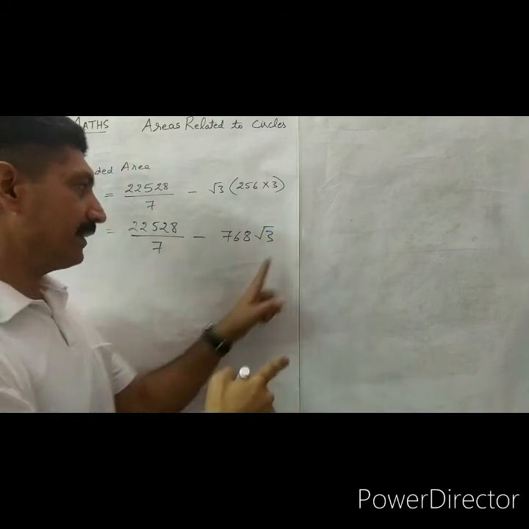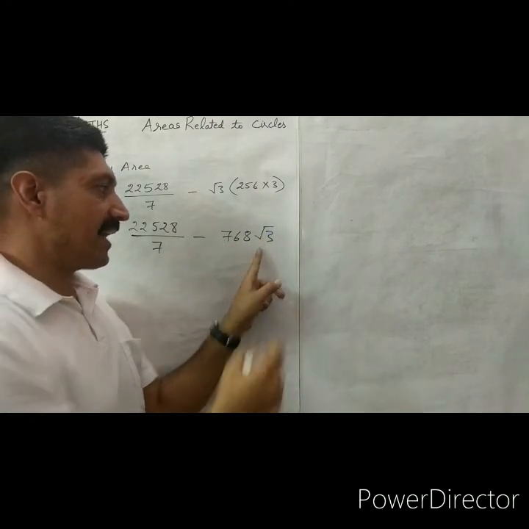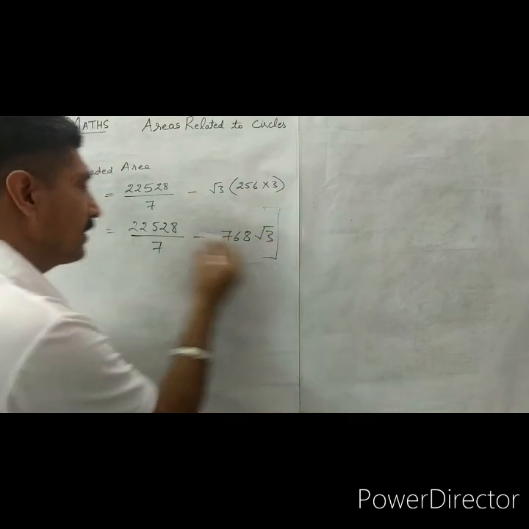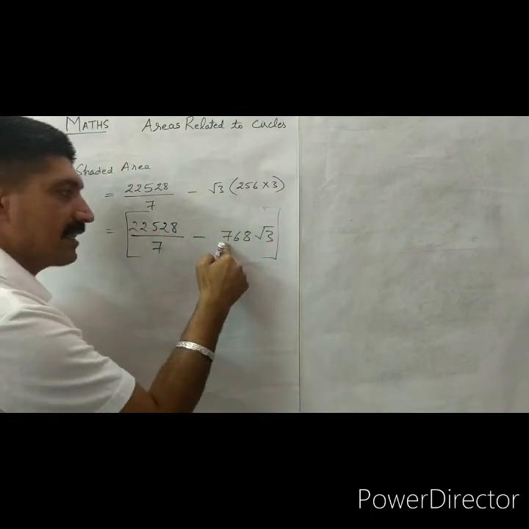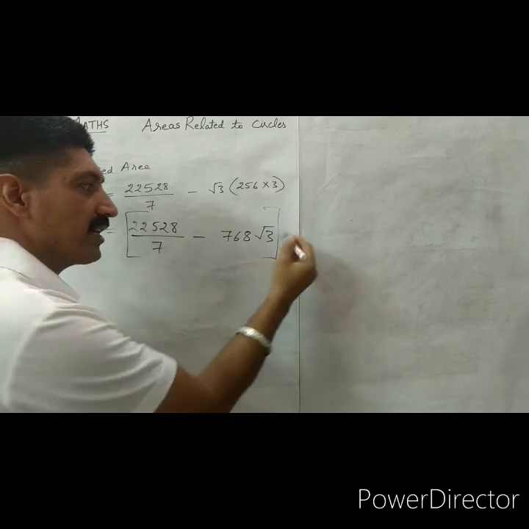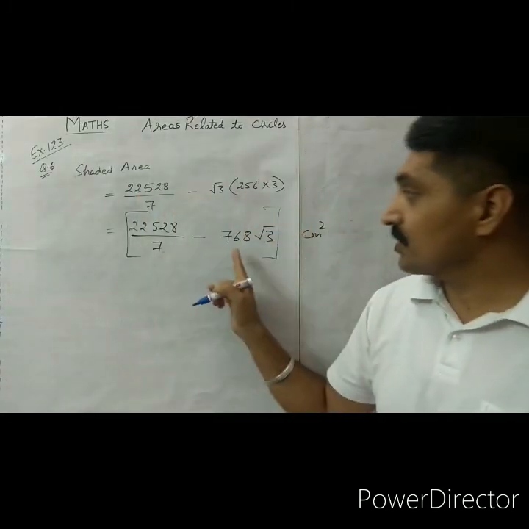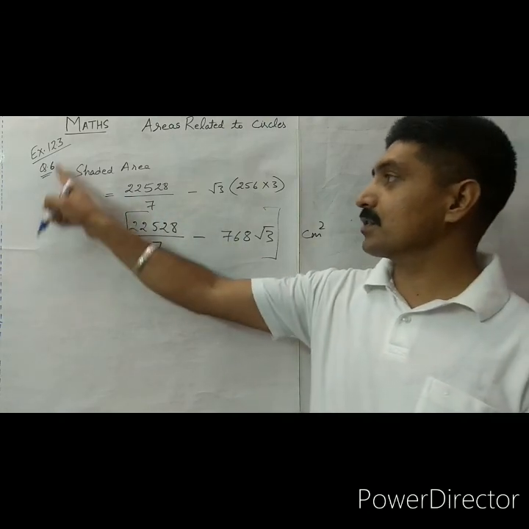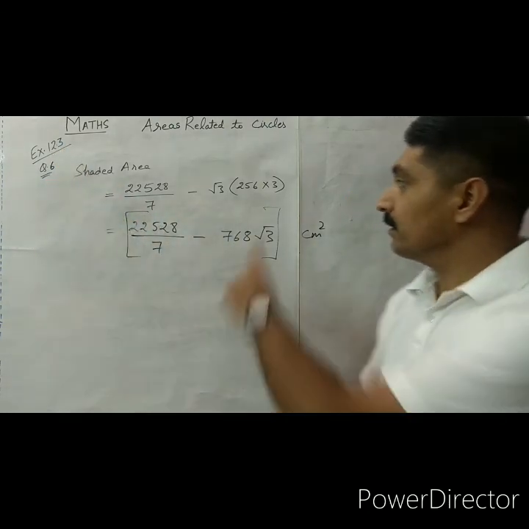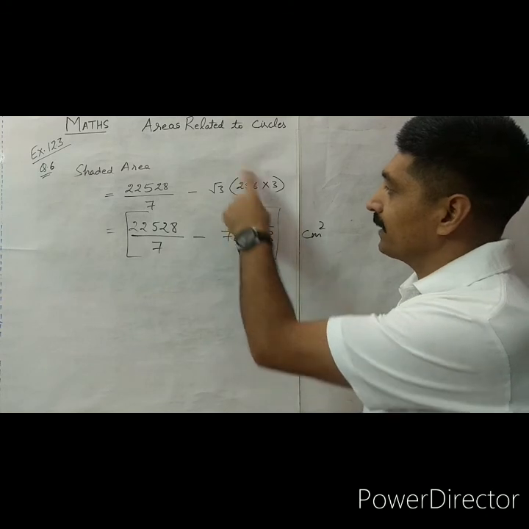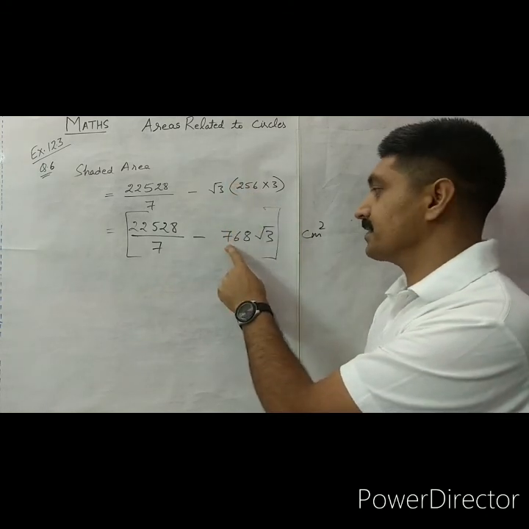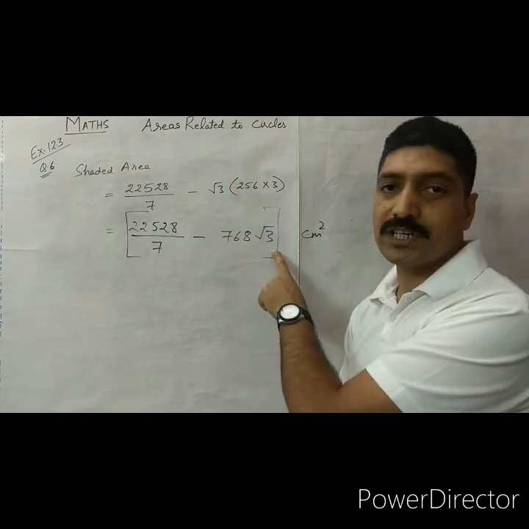So I have written earlier 668. So actual answer is 768 under root 3 centimeter square. So please check it. Question number 6, 12.3. Here earlier I have not taken the carry here. I have written the answer 668 under root 3.